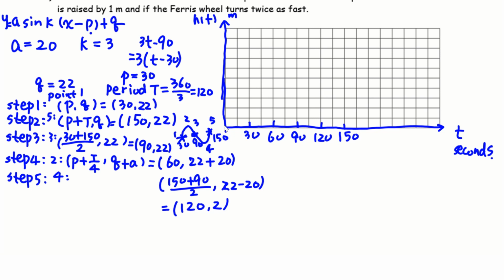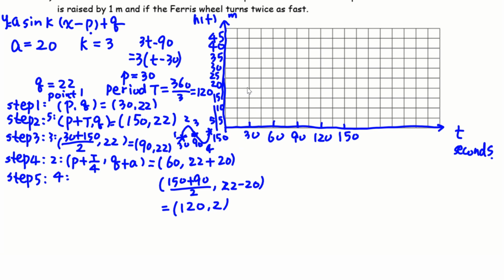And the lowest point is 2, the maximum point is 42, so 1, 2, 3, 4, 5, 6, 7, 8. We may go by 5. So this is 5, 10, 15, 20, 25, 30, 35, 40, 45. Then the first point is 30, 22.